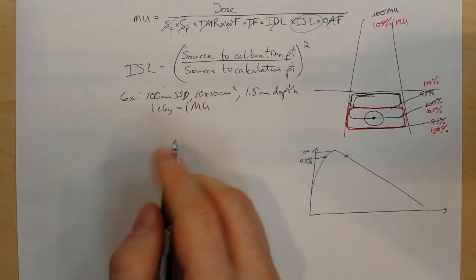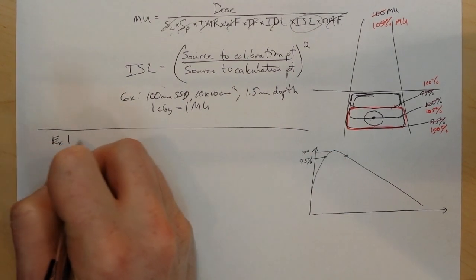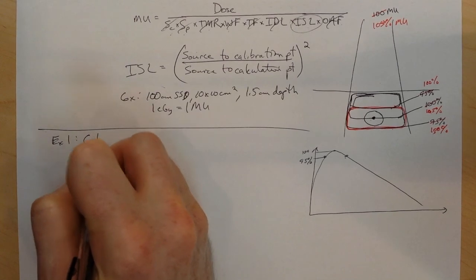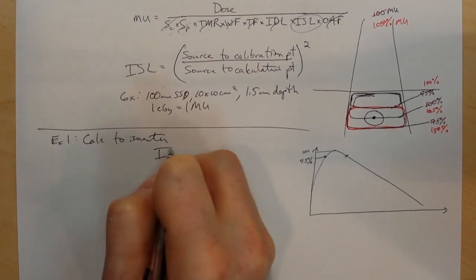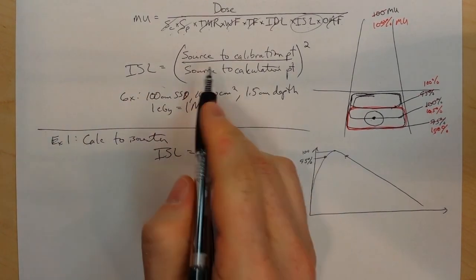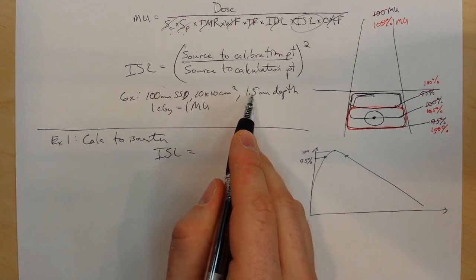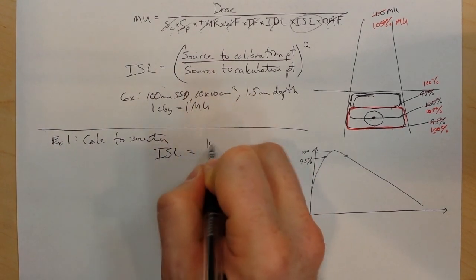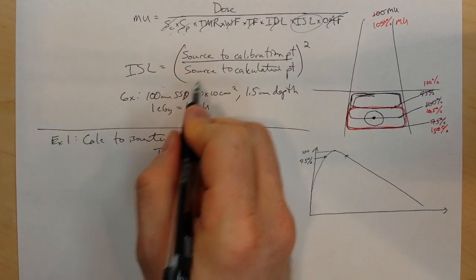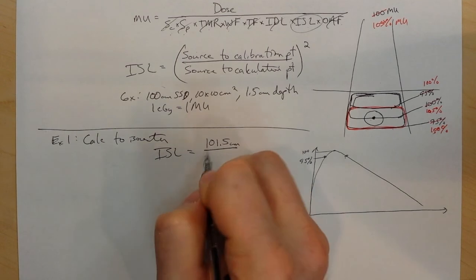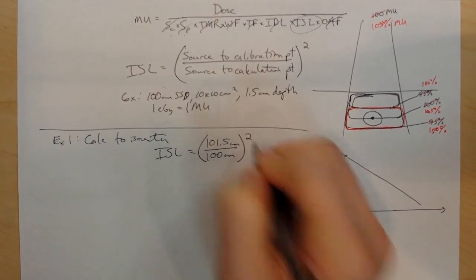Well, in this case, we'll call this example 1. If I want to calc to isocenter, my inverse square law correction is going to be source to calibration point, which is 100 centimeters plus 1.5 for the depth, is 101.5, over my source to calculation point, which is isocenter, located at 100 centimeters SAD, the axis distance, this squared.